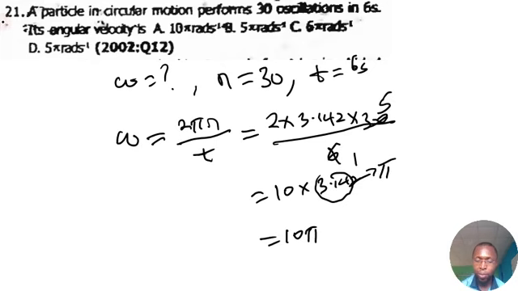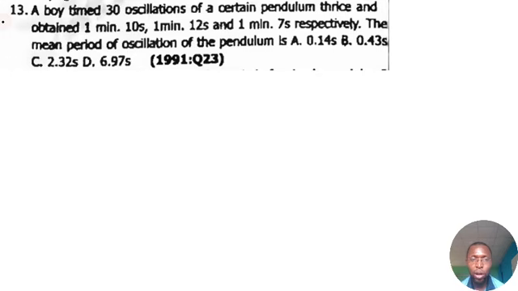All right. So another question again. It said a boy timed 30 oscillations of a certain pendulum thrice and obtained the following: 1 minute 10 seconds, 1 minute 12 seconds.